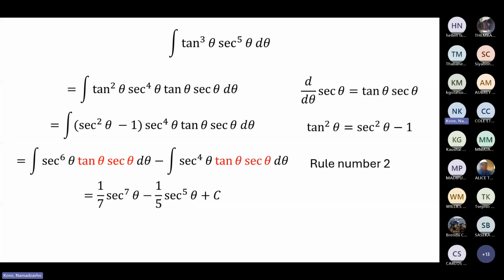If the powers are both even, then cosec squared is the derivative. If the powers are odd, then you factor out one of each so that you have the derivative of cosec, which is cot times cosec. That's the way to go. And from there, it's rule number 2.